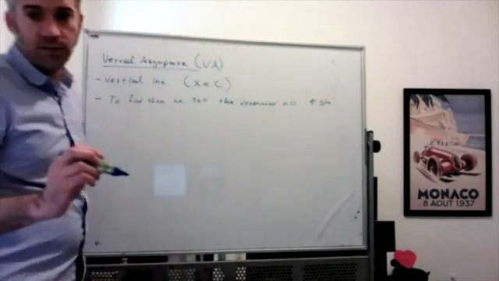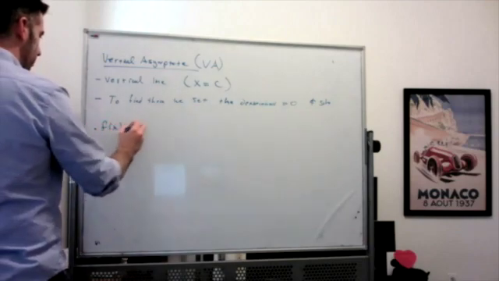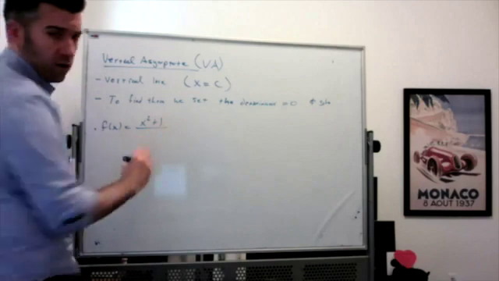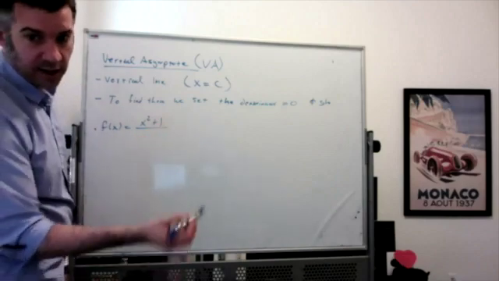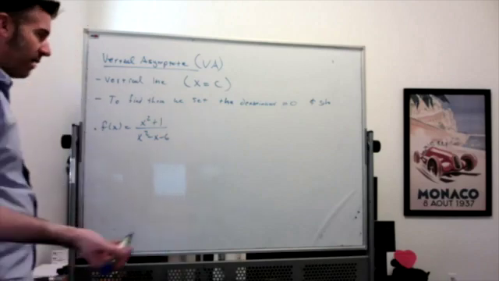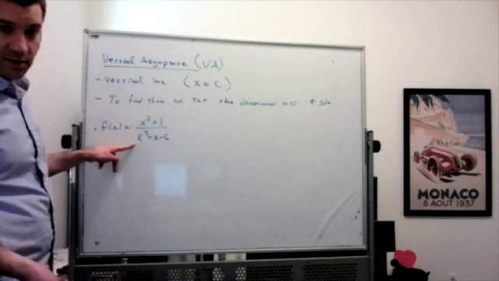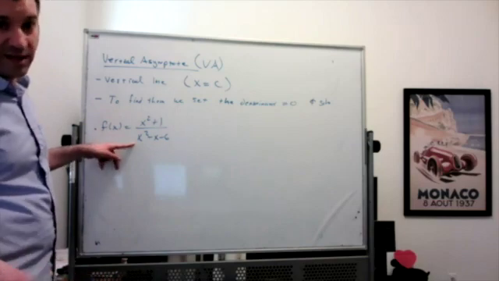So for example, this function, f of x equal to x squared plus 1 over x squared minus x minus 6. Well, I would factor it. The top doesn't factor. The denominator factors as x minus 3 times x plus 2. Nothing cancels.